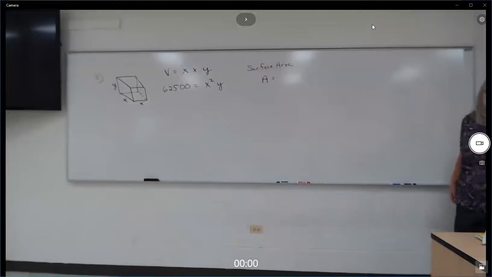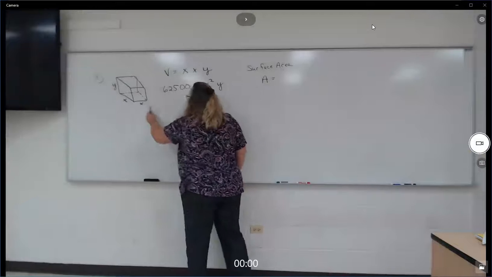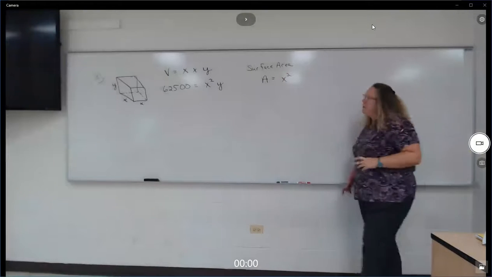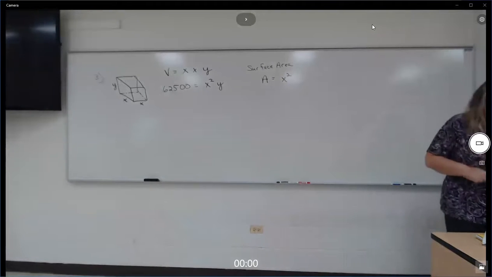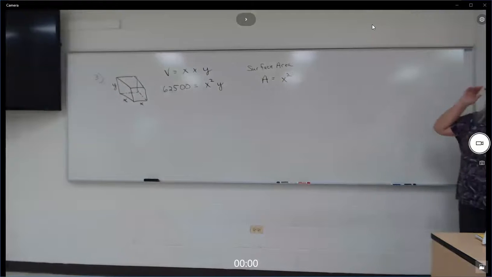So what's the area of the base? The area of the base is X times X, or X squared. Remember, and this is another thing that helps, there is no top. Open top. So we don't have to multiply that by 2 because we don't have a top.